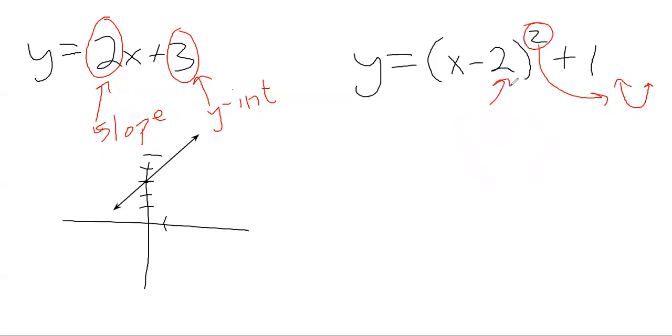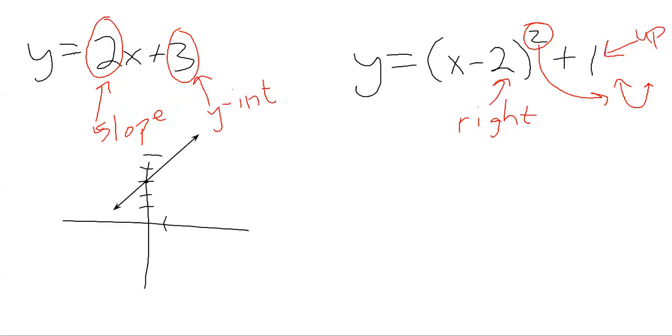The minus 2 is going to be a horizontal shift, and in this case it's going to go to the right by 2 units. If it were an x plus 2, then it would have gone opposite and gone to the left. With the plus 1, on the outside of the grouping of x squared, this is going to tell us an up or down shift, and since it's positive, we're going to keep that sign and shift it up 1.